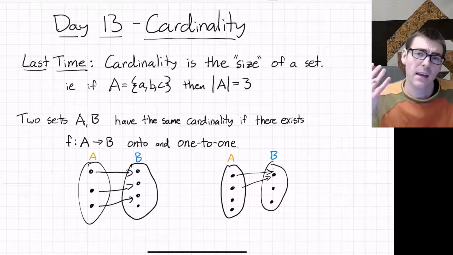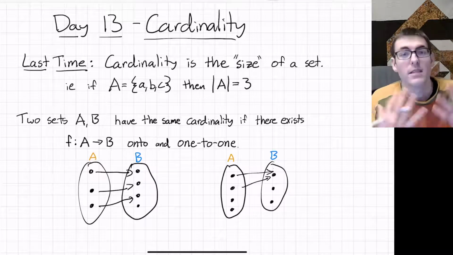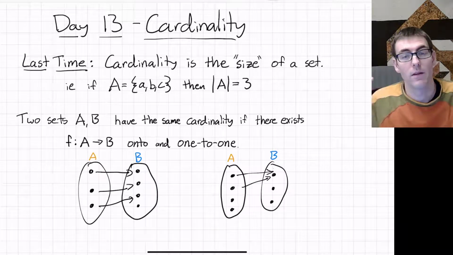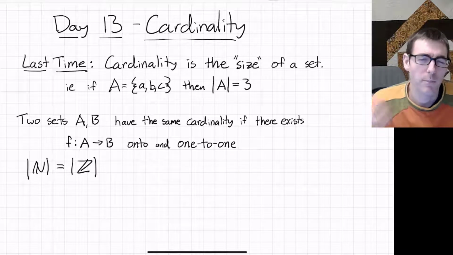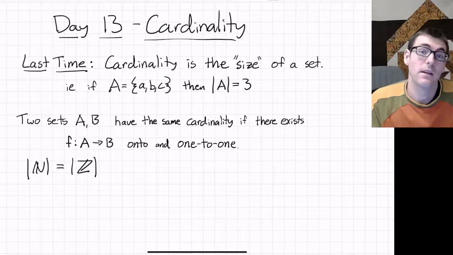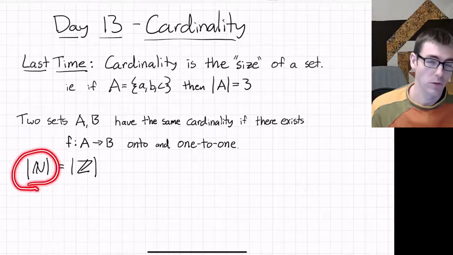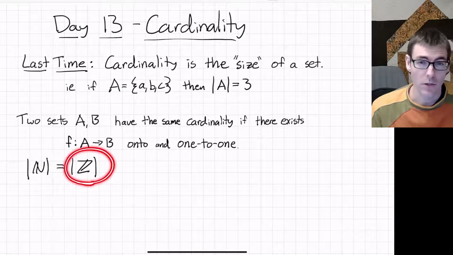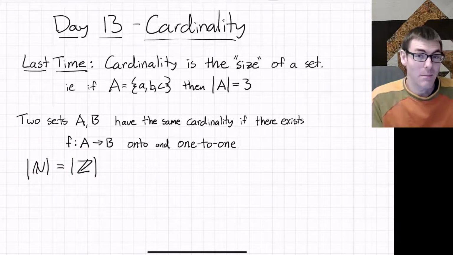That said, if we had 2 sets that were the same size, 3 and 3, then it would be possible to find a function between them that is both one-to-one and onto. And so this logic applies to infinite sets as well. For example, the set of natural numbers and the set of integers end up really being, for all intents and purposes, the same size.